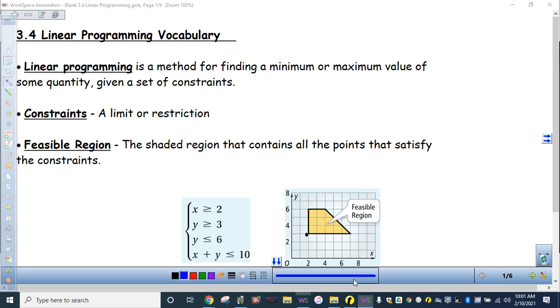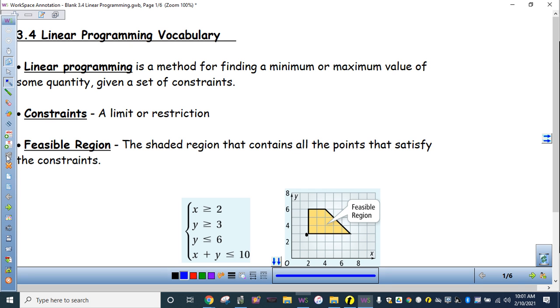So those constraints will get us towards this feasible region here. Well, that's a weird feasible region they drew there. It'll hardly ever look like that.